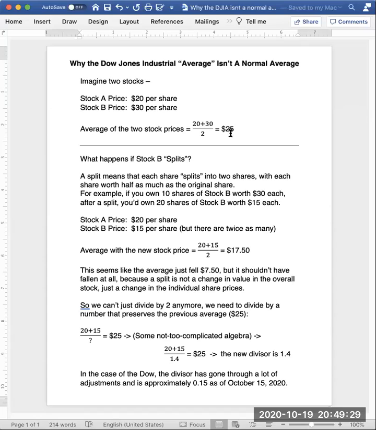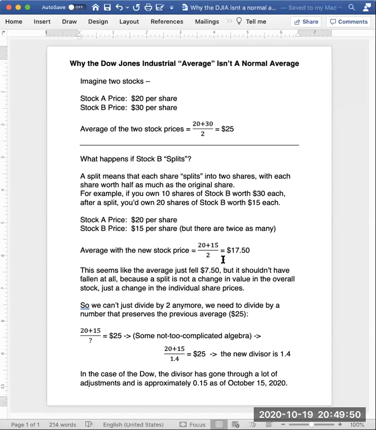That's bad. That would look like the whole country is crashing. What's going on? We don't want to do that, because in fact, nothing has changed, except that stock B now has a new way of looking at itself. There are twice as many shares worth half as much.